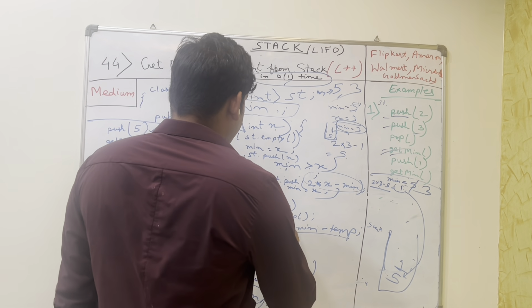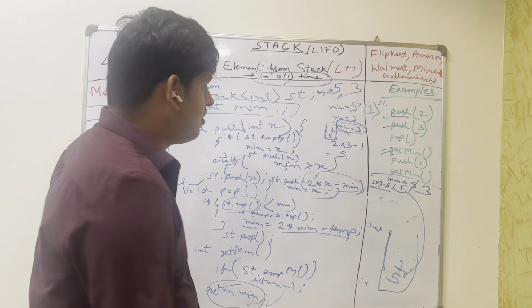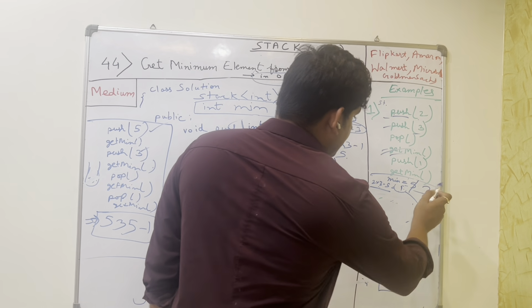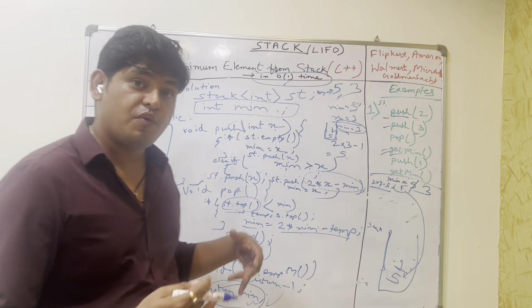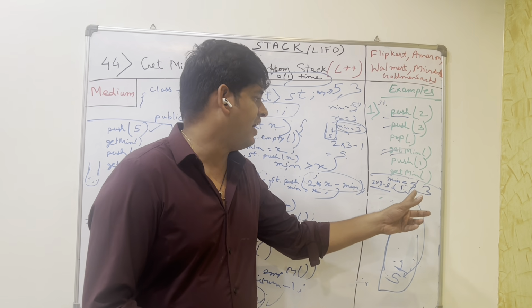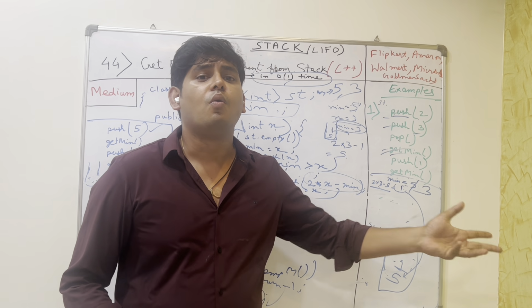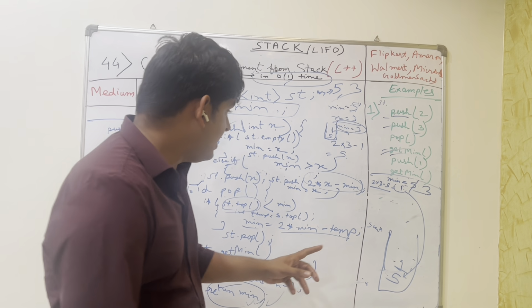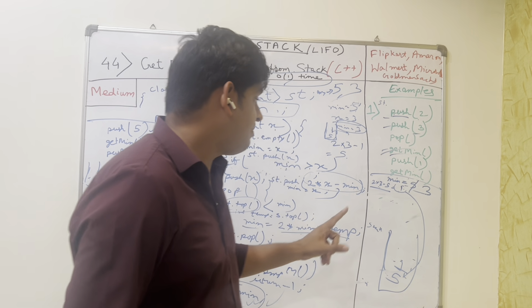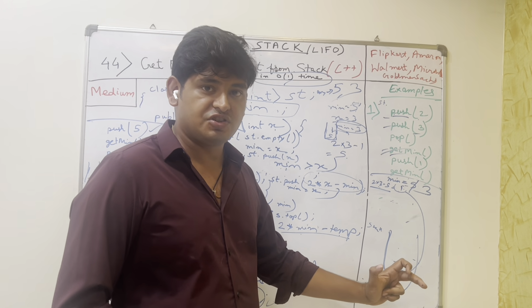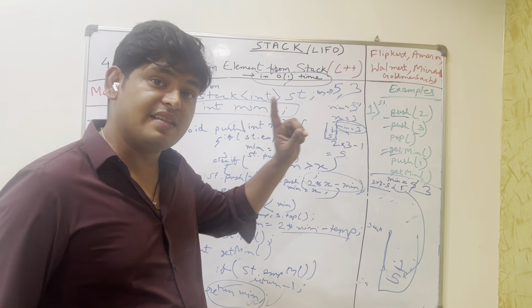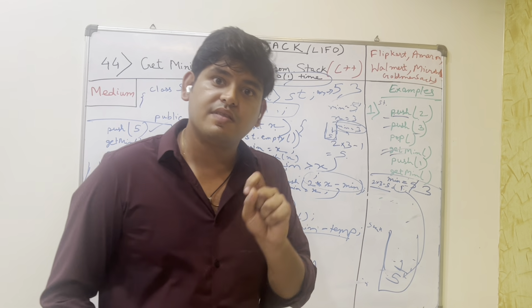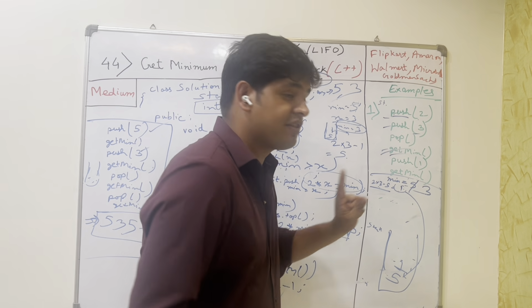And if it is less than mean, so mean is 3, 1 is less than 3. If it was not less than the minimum value, if it would have been popped out, will our minimum value change? No, right? But when it is less than 3, that means what we inserted into the stack is actually lesser than the minimum value, which is a problem. That's why we use this logic.